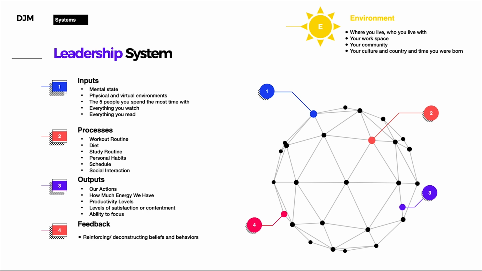So you will either stay the same or you'll change based on how it is that your actions are affecting the outputs that come out of it. So if your diet's not working, then you're not going to have a lot of energy. And if you don't like that, then your behavior is going to change and you're going to get feedback saying, maybe I should eat something different.